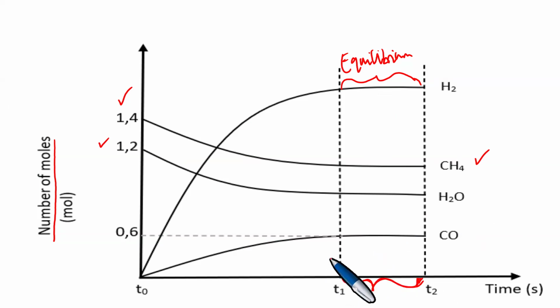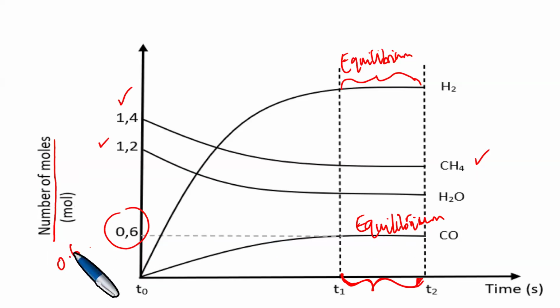Now, pay particular attention. If these graphs are level, something must be given at equilibrium here. We have equilibrium here, and we can see that the number of moles is actually 0.6.